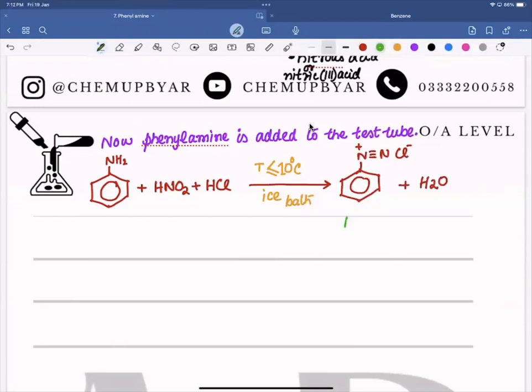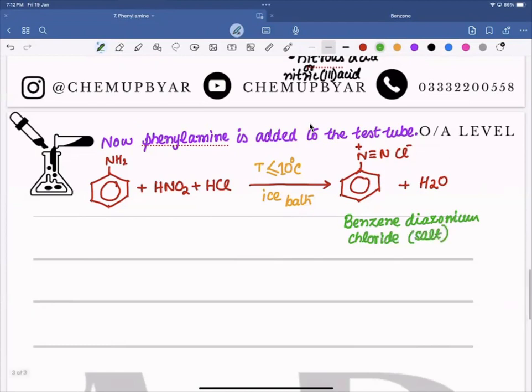Its name will be benzene diazonium chloride, and it's a salt.